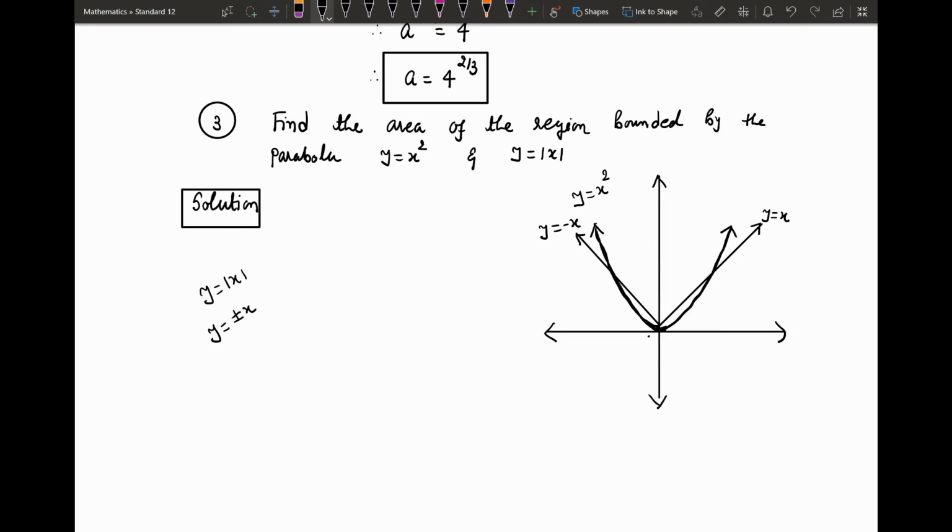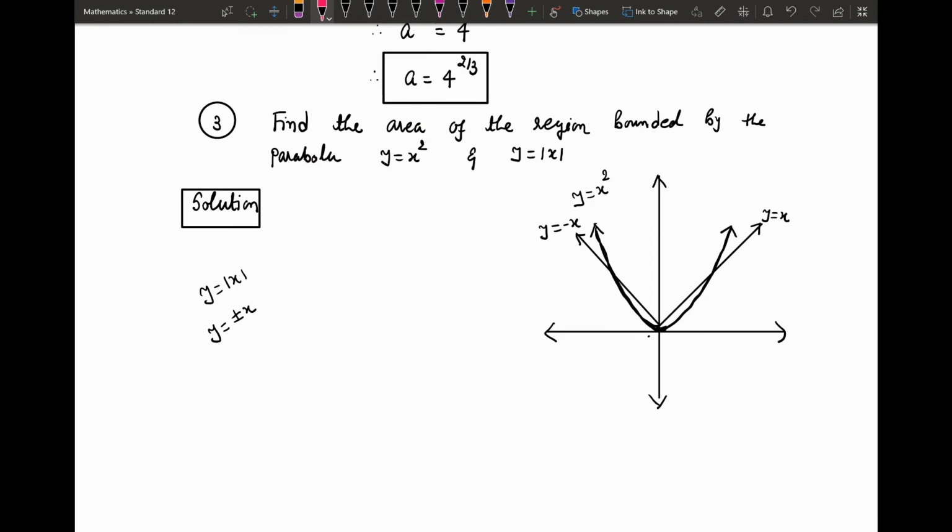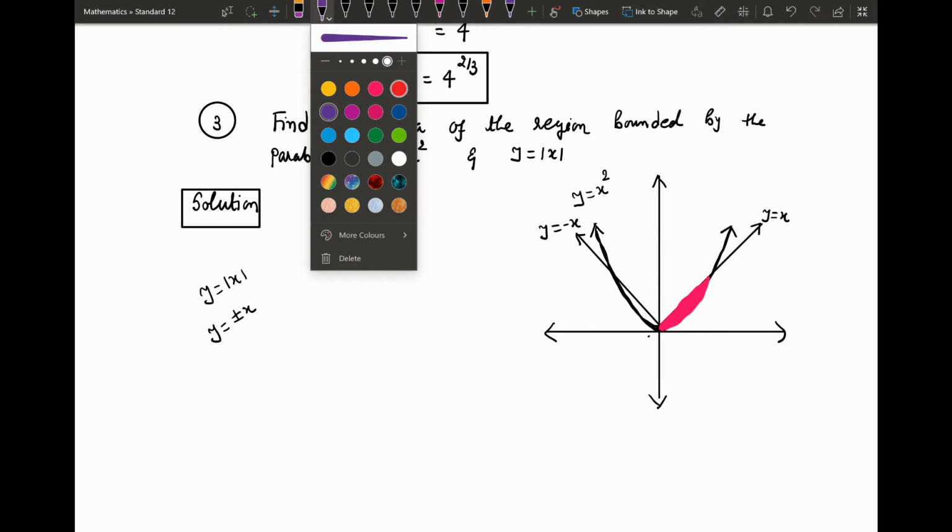Now find the area of the region bounded by the parabola and the line y equal to plus minus x. So one portion is this, but you can observe the portion will be symmetric about the y axis.